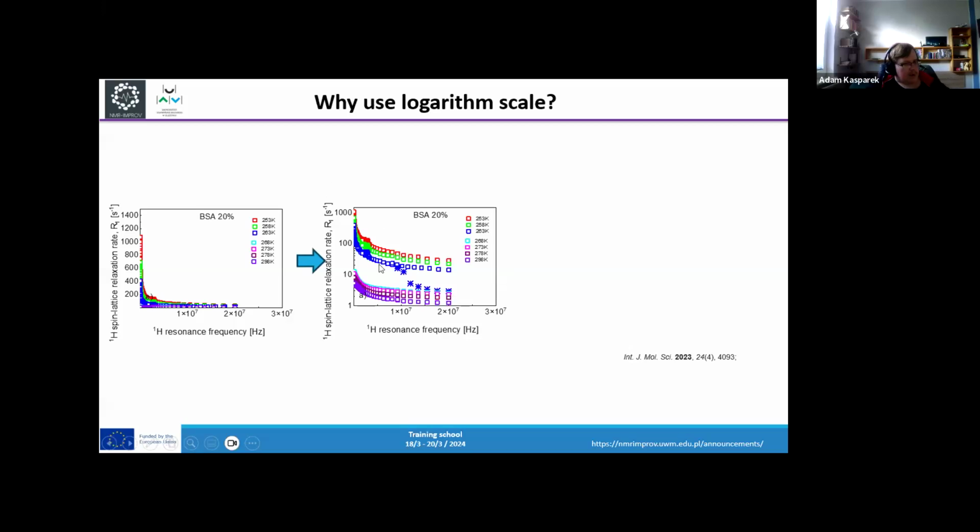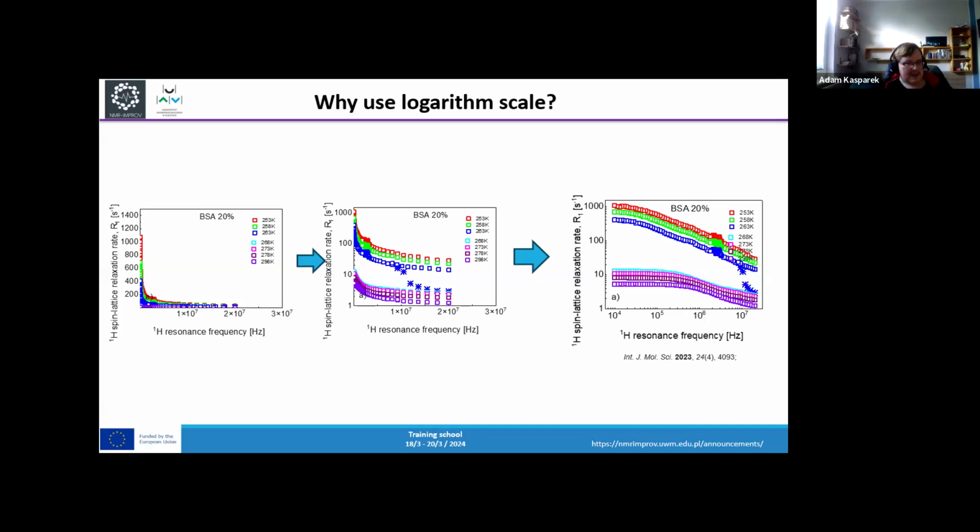And the last one is when we put both the x-axis and y-axis on the logarithm scale. Now we can clearly see what's going on. And frankly, this is the reason we very often use logarithm scale, because without it, we cannot see clearly.